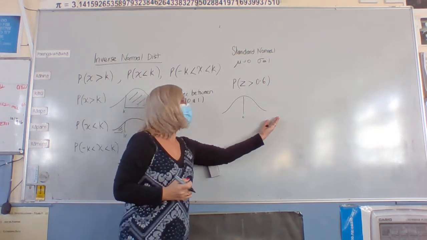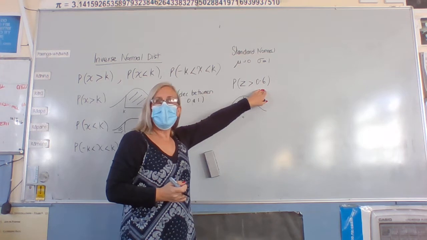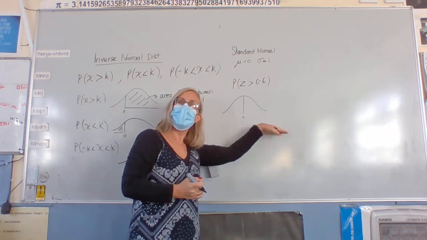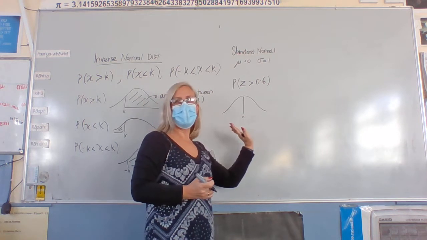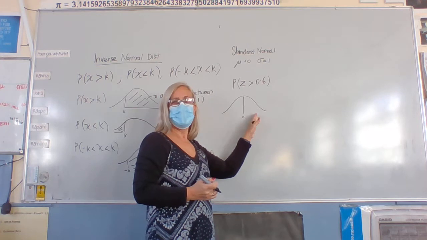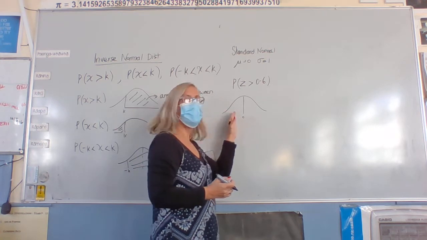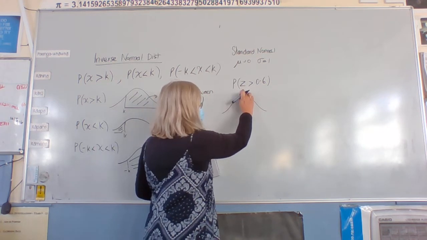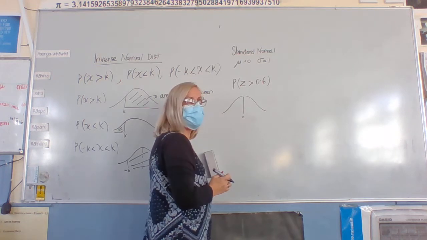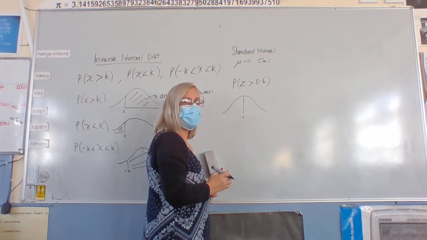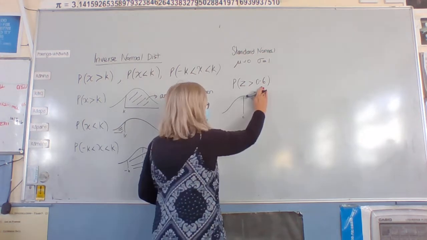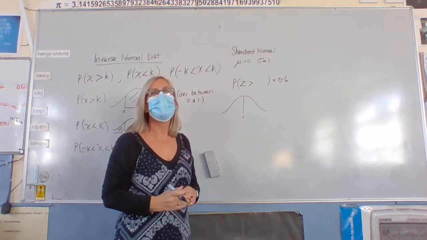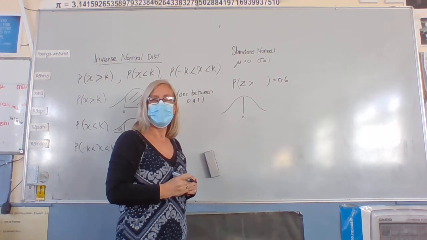We need to know where on this bottom line z will be, so that 0.6 out of the 1 under this curve will be on that side of it. So which side of 0 is it going to be on? Yeah, it's going to be over here because that's 0.5. No, not that either. The probability that z is greater than something has got to be 0.6.